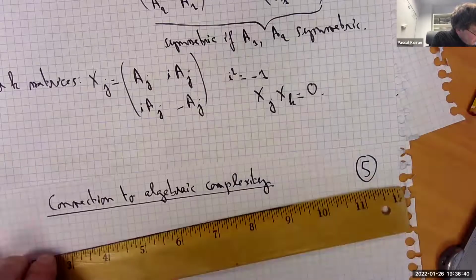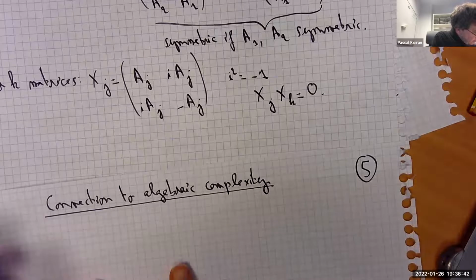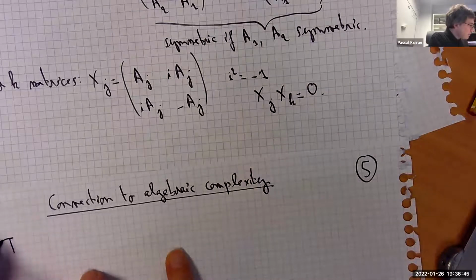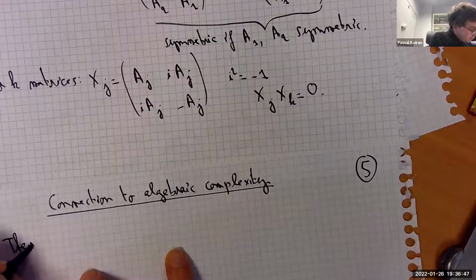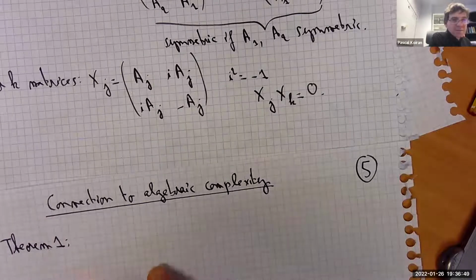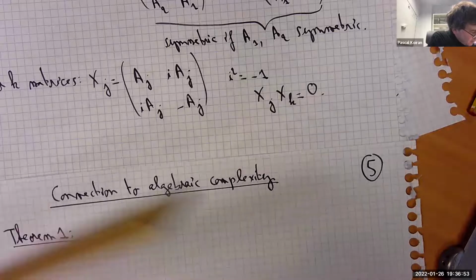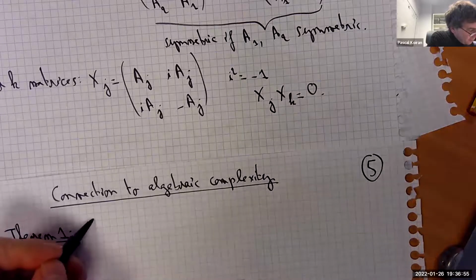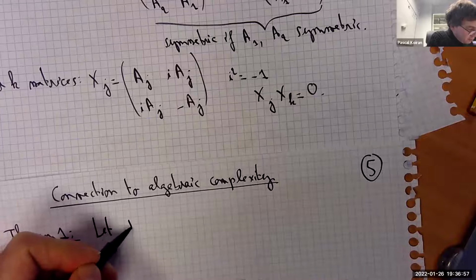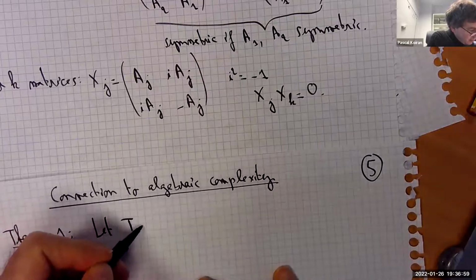And that's going to be theorem 1. Let T be a symmetric tensor of order 3 and size n by n by n.